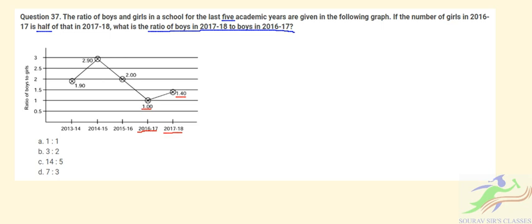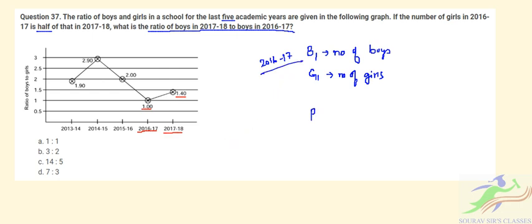So let B1 be the number of boys and G1 be the number of girls in 2016-17, and B2 the number of boys and G2 the number of girls in 2017-18.